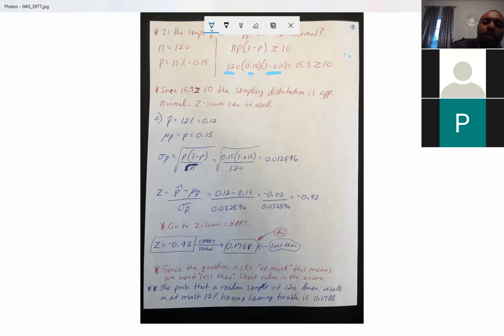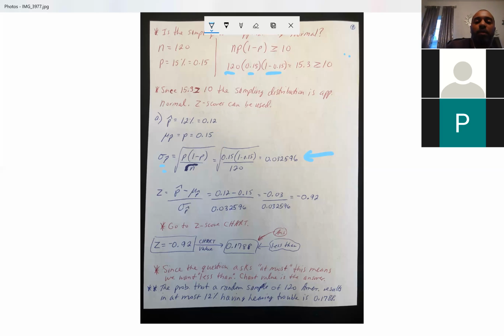They said 12% have hearing trouble. 12% have that characteristic. And then P is going to be our mean. And then how we calculate our standard deviation is by doing the square root of P times 1 minus P over N, which is 120.